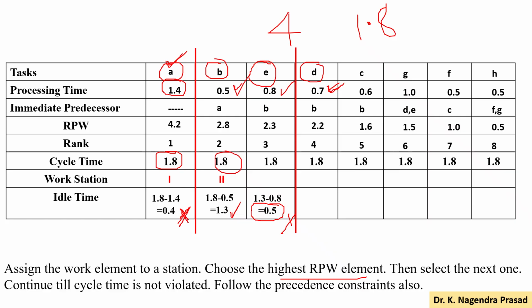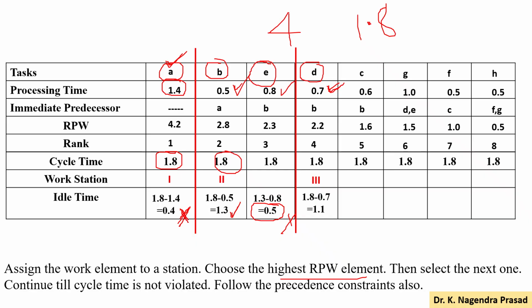So next we have to start the third workstation with the task D. Its processing time is 0.7. Then after assigning the task D in the third workstation, idle time will become 1.8 minus 0.7, which is 1.1.